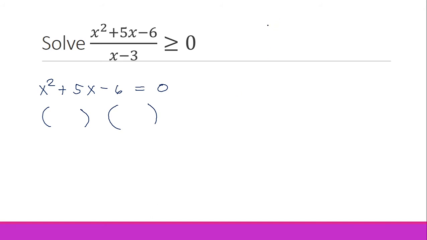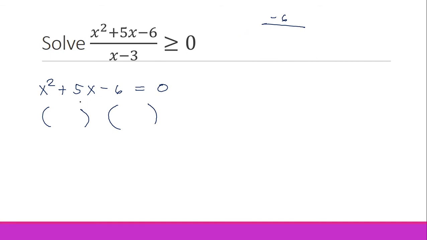So here we have the negative 6. One of the possible factors of negative 6 are 1 and 6. Take note, we have this one as negative, so the signs of your factors must be different. The sign there will be based on the middle term.